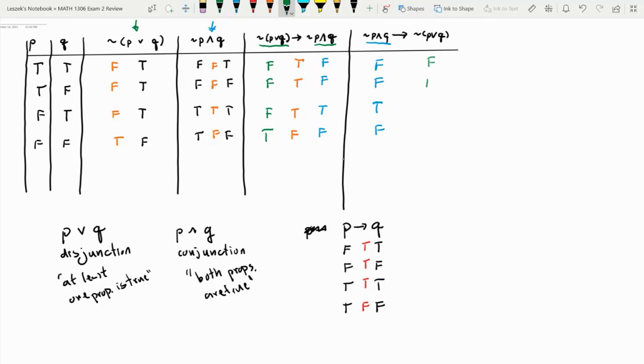You can write down the truth values as well. So we see finally that the only time implication is false is if truth implies falsehood. So this is false. Otherwise, it's true.